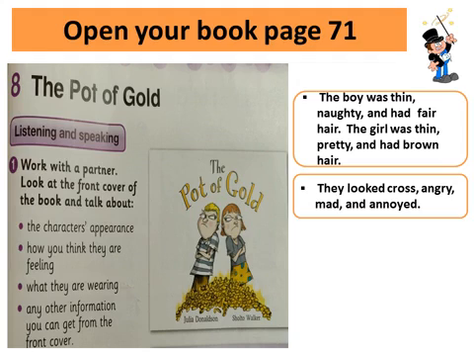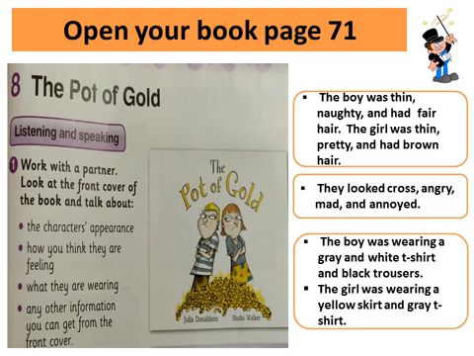Yes, the boy is wearing a t-shirt, trousers. The girl is wearing a t-shirt and a skirt, right? So let's read. The boy was wearing a gray and white t-shirt and black trousers. The girl was wearing a yellow skirt and gray t-shirt.